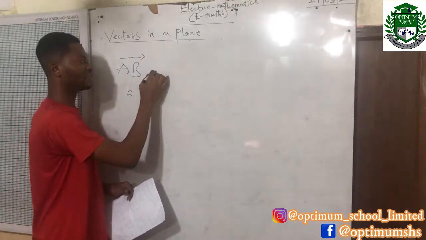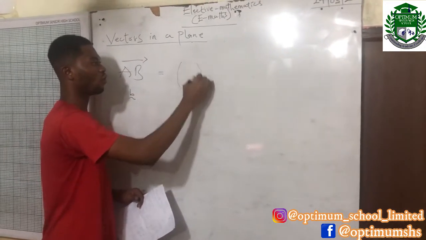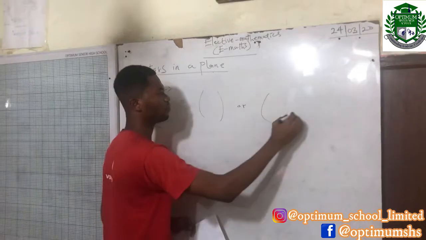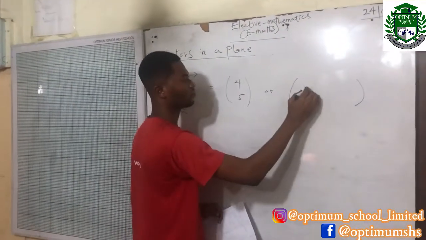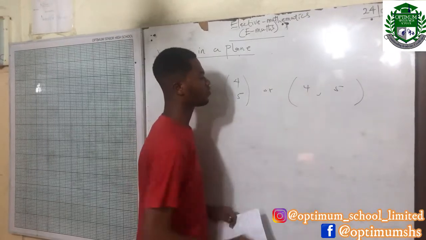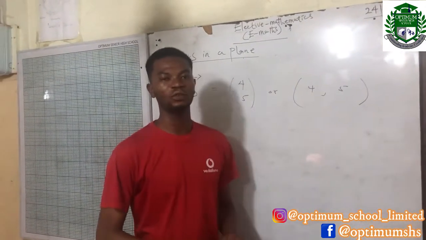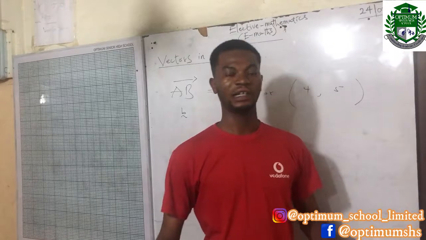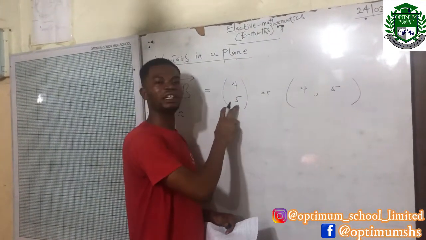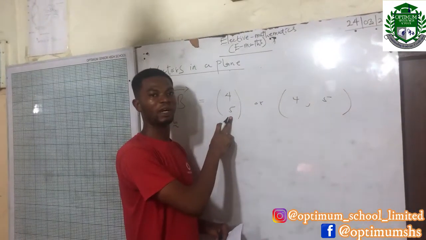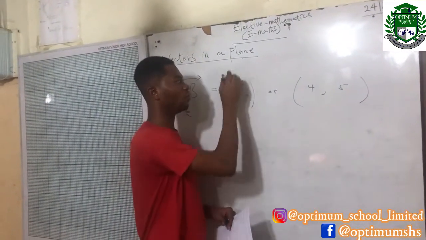We can put vectors in column form or in row form. So if I'm dealing with a two-dimensional Cartesian plane, here the top one is my x, and the bottom one is my y, and this is in column form.